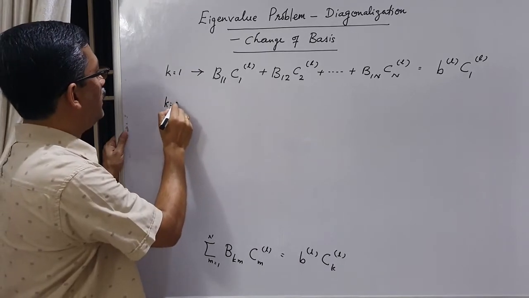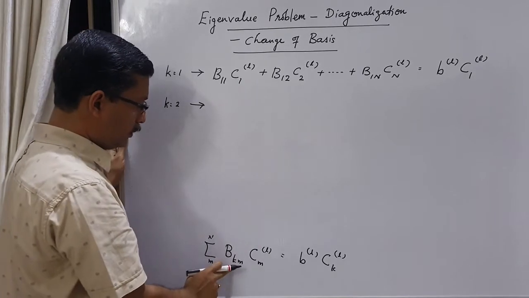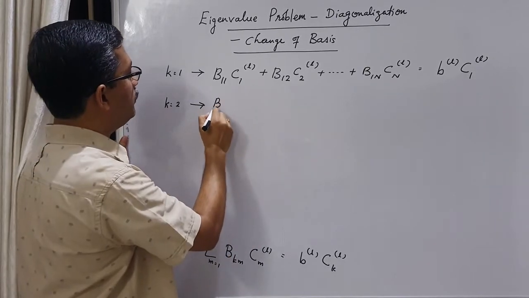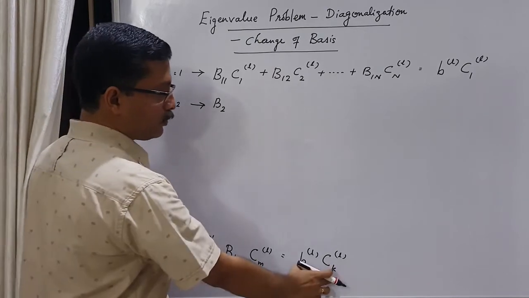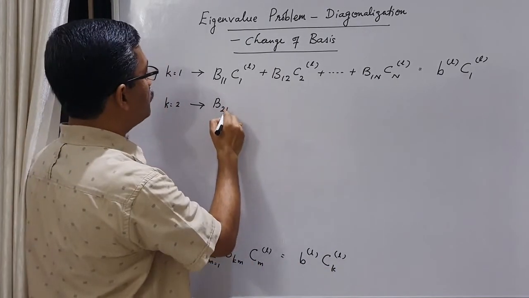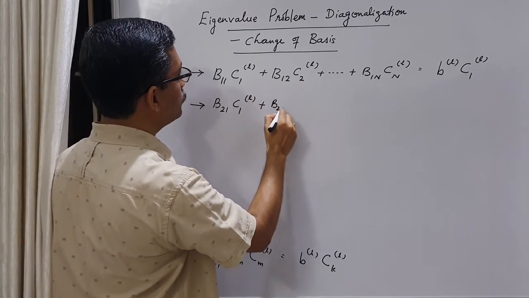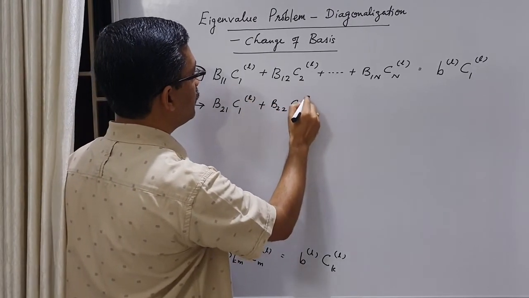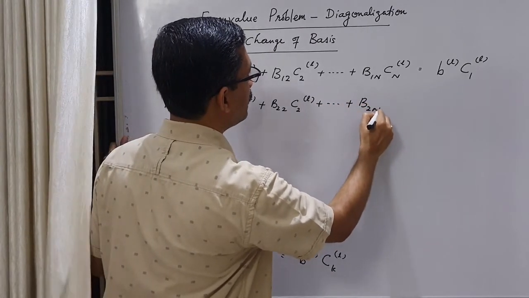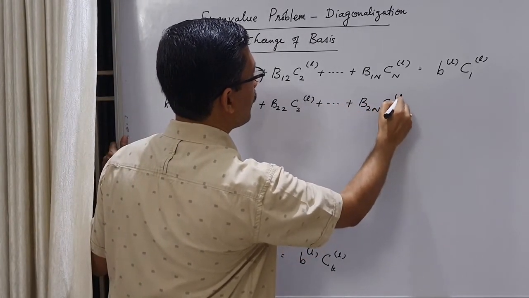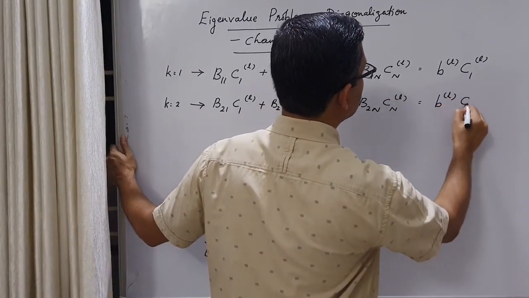So next is k equal to 2. K has n values, right? So when you put k equal to 2, we have b2, and similarly m runs from 1 to n. Here also put k equal to 2. So we have b21 c1l, b22 c2l plus etc., b2n cnl equals bl c2l.